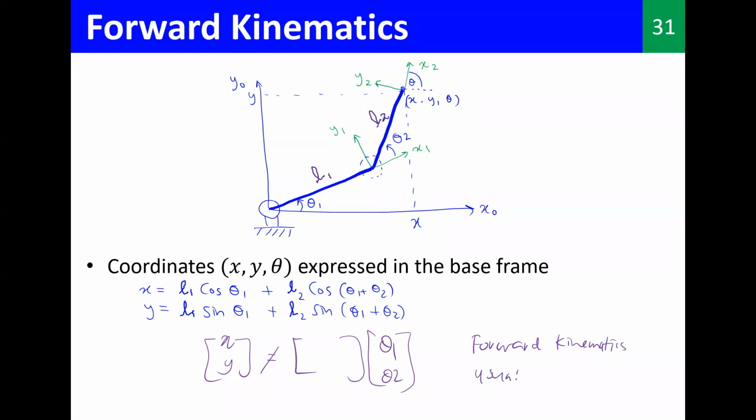So it's usually not linear. And when things are not linear, it's not very good, right? Because we have like 100 years of knowledge in linear algebra, all these things to solve these, right? But unfortunately, forward kinematics is not linear, right? So that's something you should know, right?